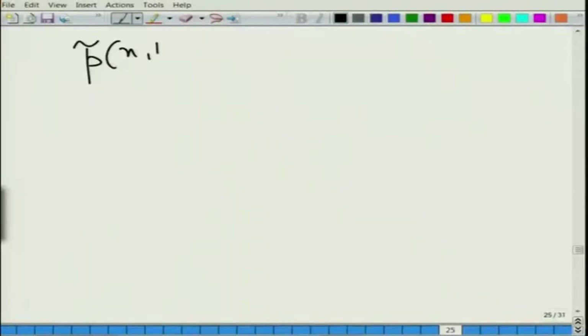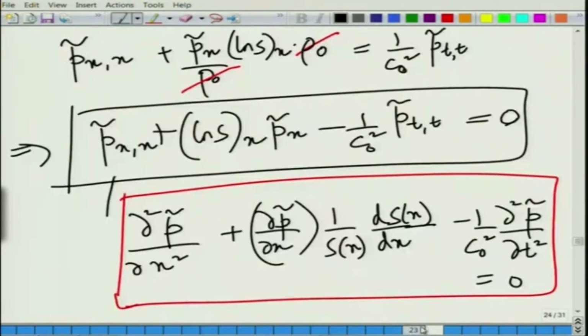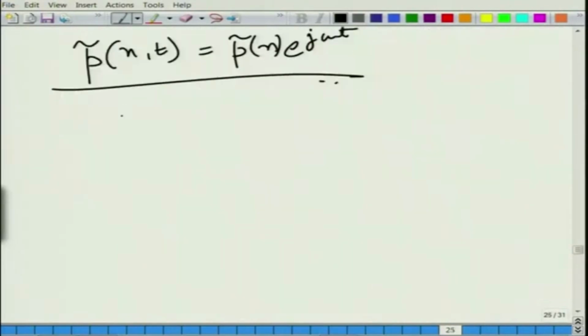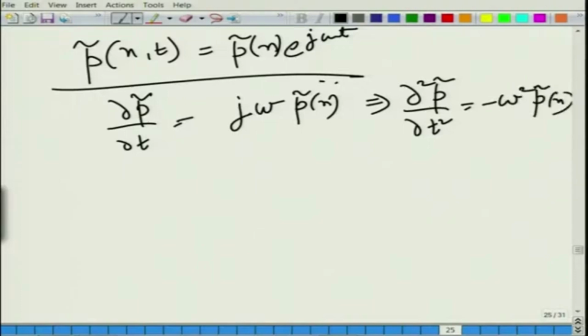Basically what we do now is insist on time harmonicity. That is to say, we assume e to the j omega t. Once we substitute this in the equation, let us say equation 4, the much sought after equation, remember p tilde is nothing but j omega p x, and this thing would become minus omega square times p x, j omega whole square.